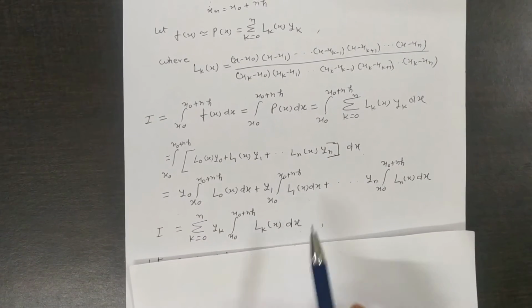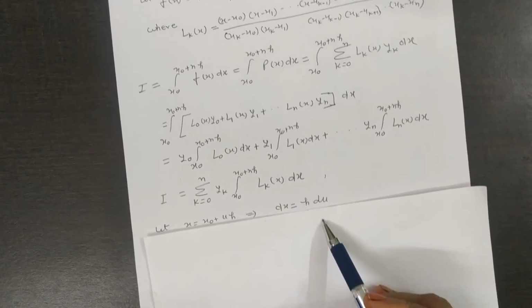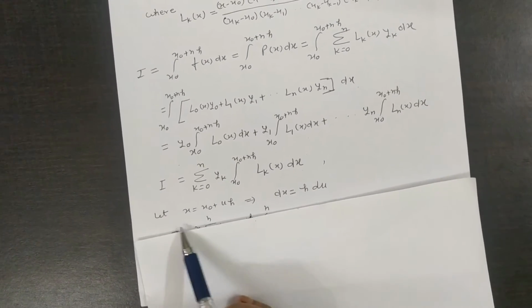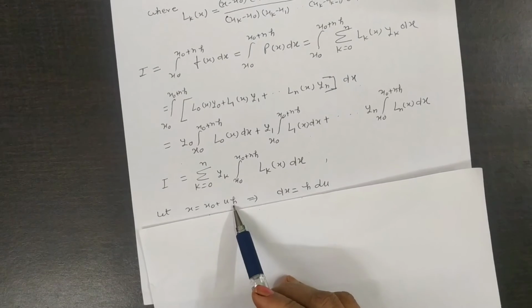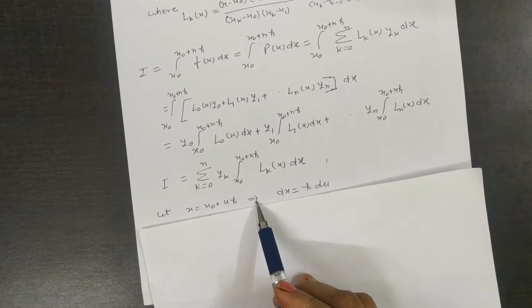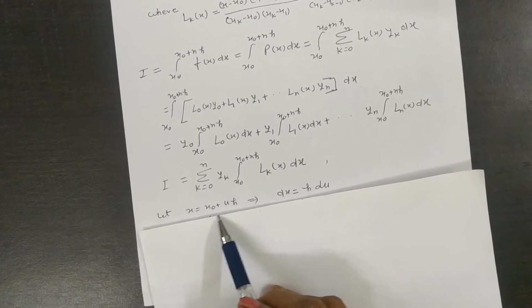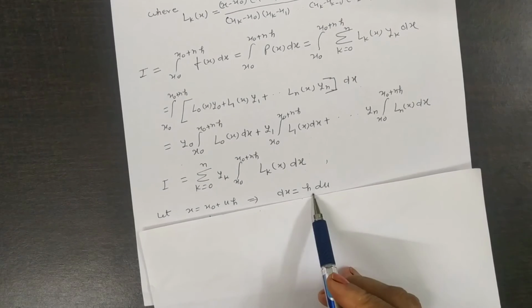Yes, clear? Okay. Now let us suppose that x = x0 + uh. Then dx = h du.